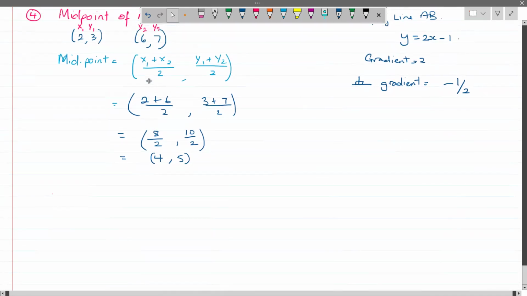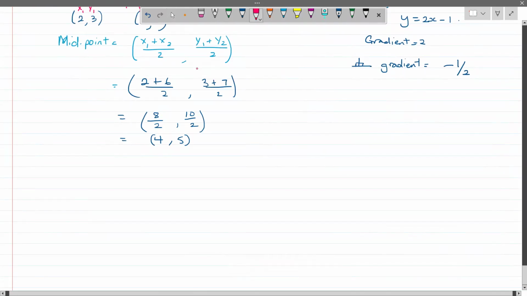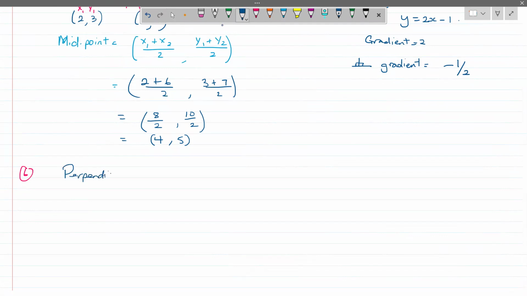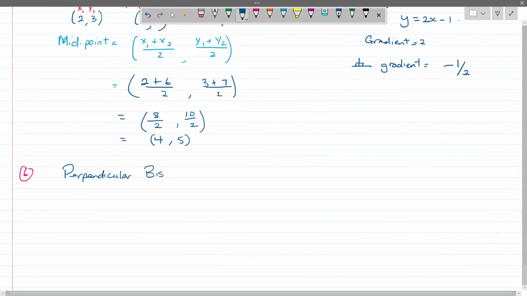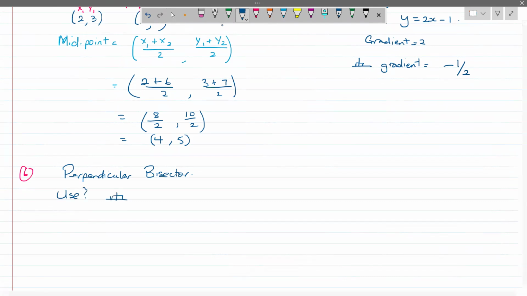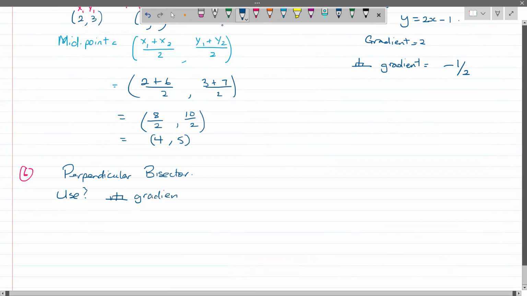Now, part 6, when they ask for the perpendicular bisector, what do we use? We need the perpendicular gradient, and the point we will use is the midpoint. And that will supply my x1 and y1 values.